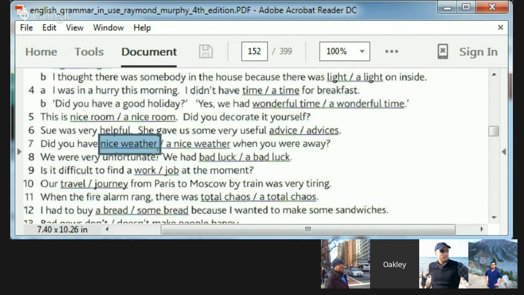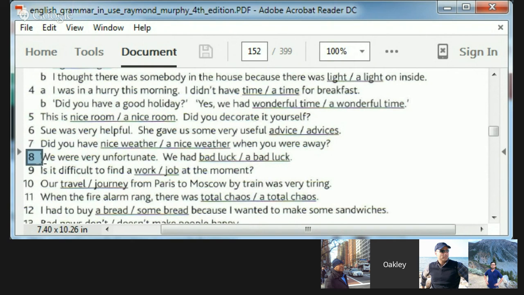There's no such word as weathers with an S. And no, you cannot have a or an with an uncountable noun, ever. So, did you have nice weather? Even if I know it seems like you're talking about a specific thing, the weather on the trip. But, nevertheless, weather, never countable.